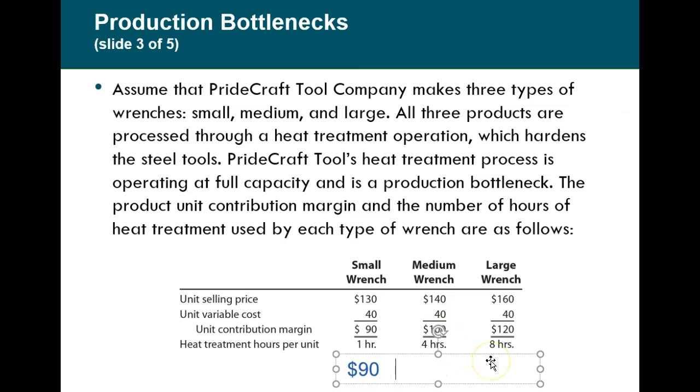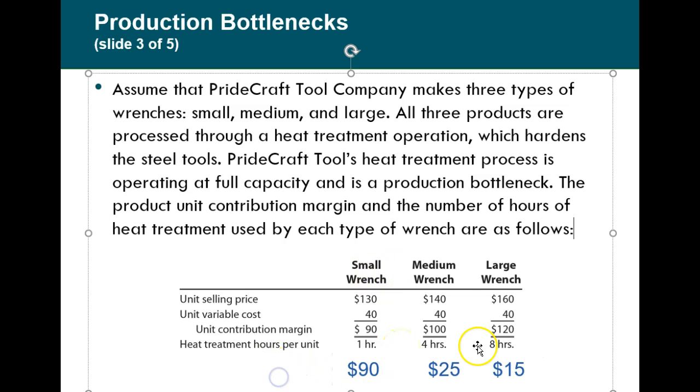So that would be 100 divided by 4, or $25 per unit of the constraint, contribution margin. And finally, for the large wrench, the contribution margin is $120, and it's 8 hours. So that's $15 per unit of the constraint. That's all we're making. Okay. So if you look at the constraint, we can put a lot more small wrenches through than we can large wrenches. All right.